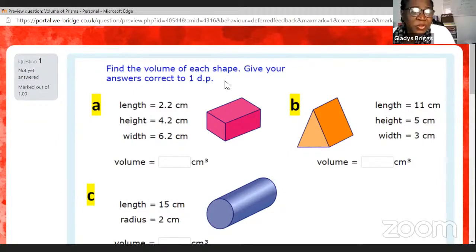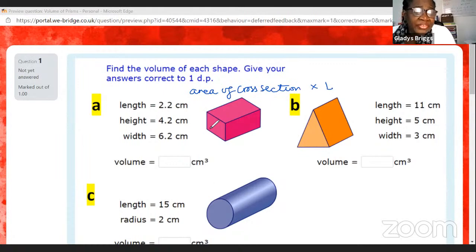it's going to be volume of a prism, most likely in your exams. What you have to remember is the area of the cross section times the length.